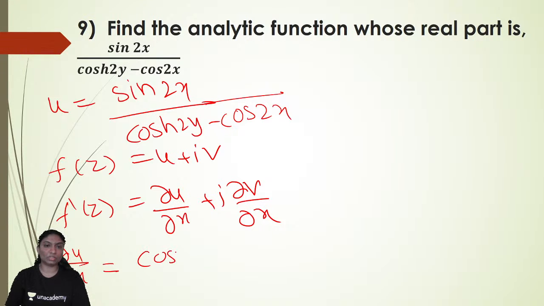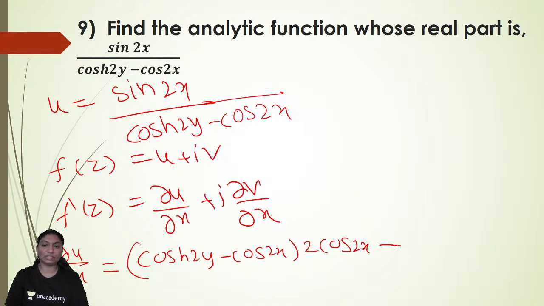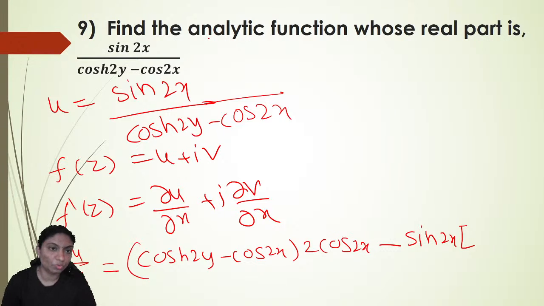So v du, cos h2y minus cos 2x into derivative of sin 2x, that is 2 cos 2x, minus sin 2x into bracket, derivative of cos h2y minus cos 2x. So you will get here cos 2x, sin h2x.